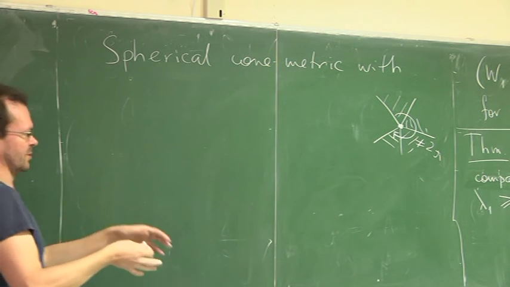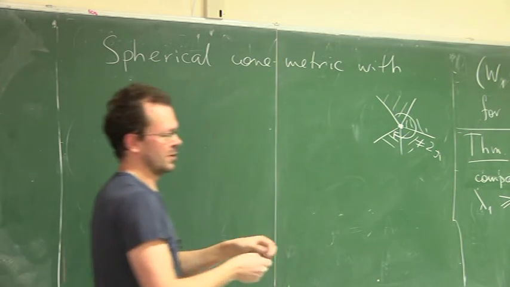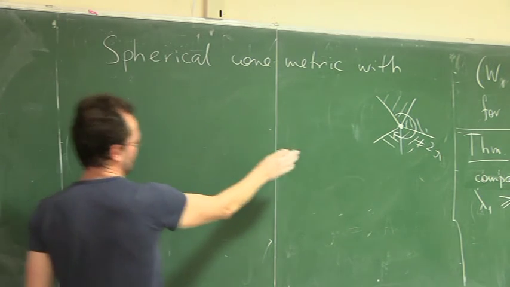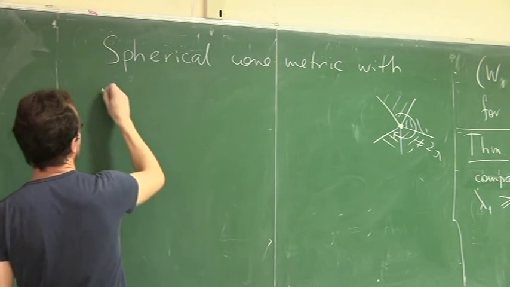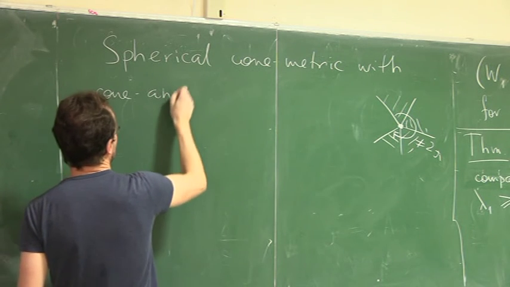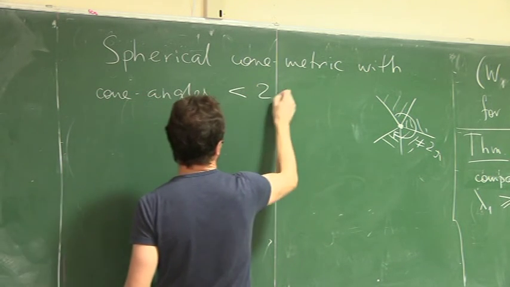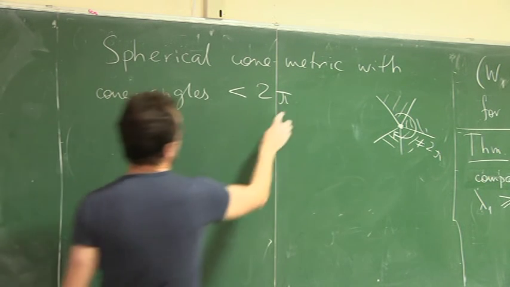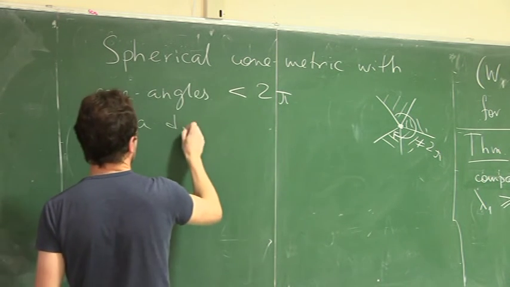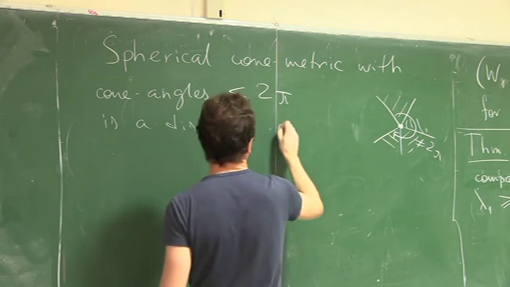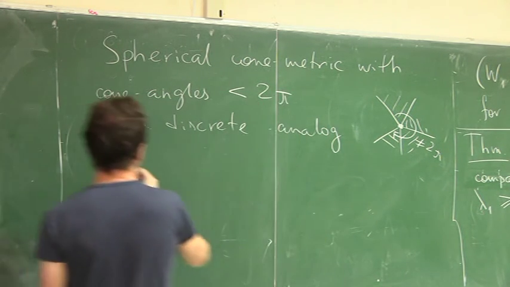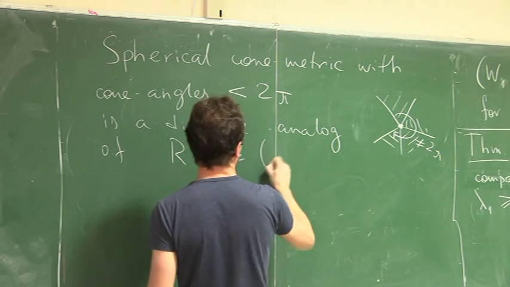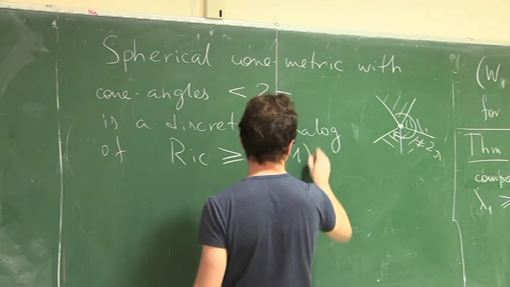In higher dimensions, these cone singularities occur along a codimension 2 subset. If we assume that all these angles are smaller than 2 pi, then this can be viewed as a discrete analog of Ricci curvature bigger or equal to d-1.